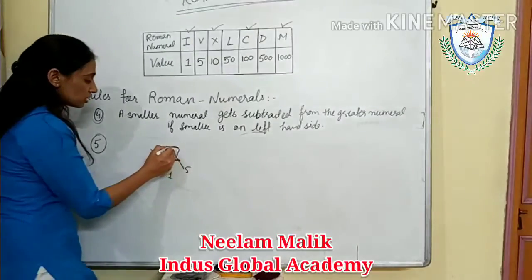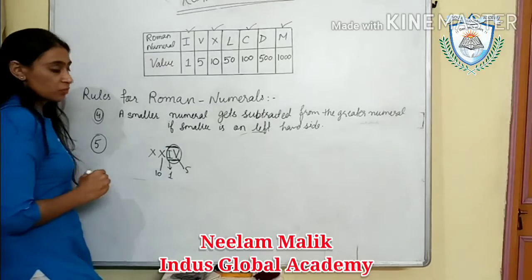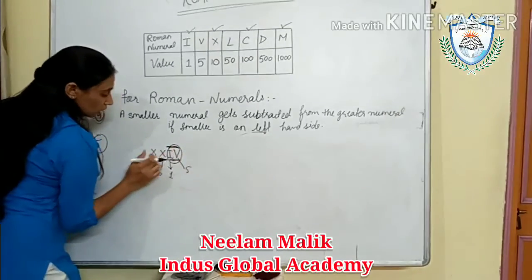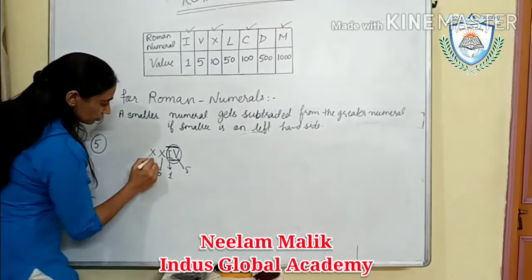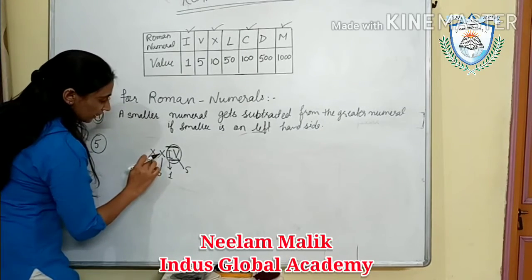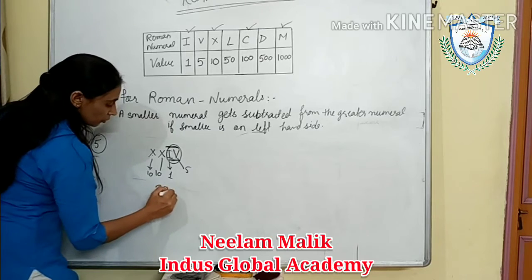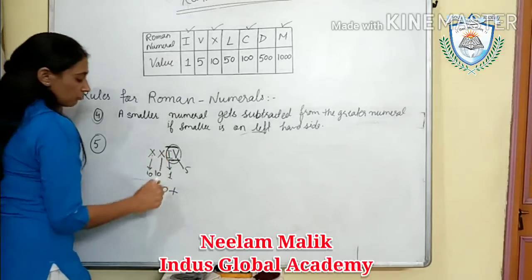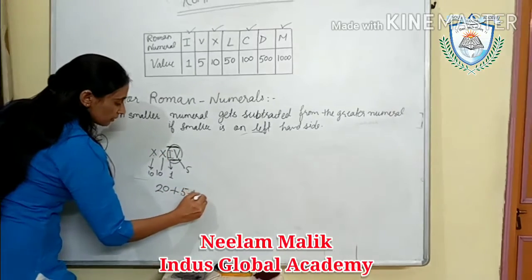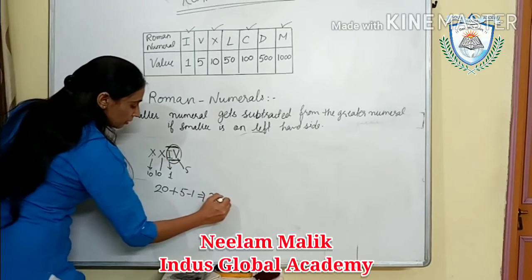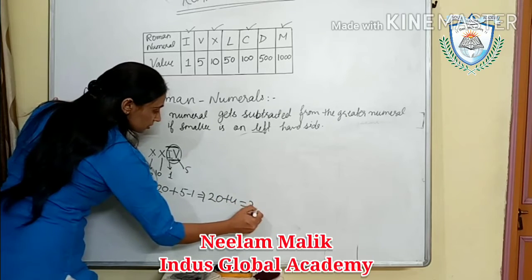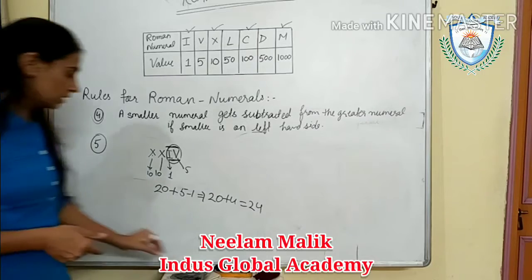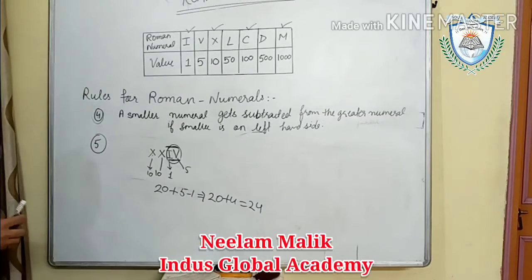So you will consider this, not this one. So what is this? This is 10, so it will be 20 plus, what is this? This is 5 minus 1. That means 20 plus 4, that is 24. This is your 24. Okay, I hope you understand these 5 rules.